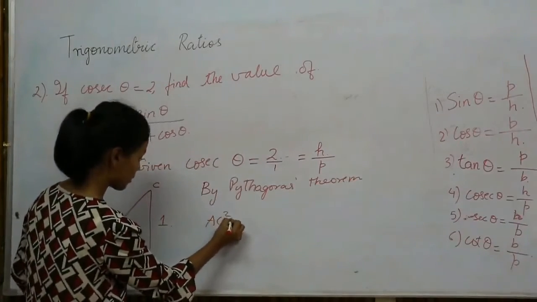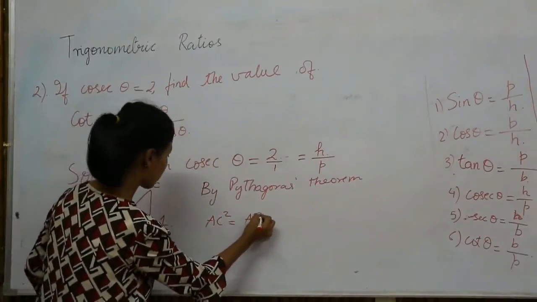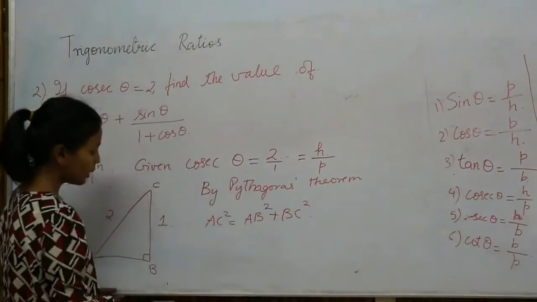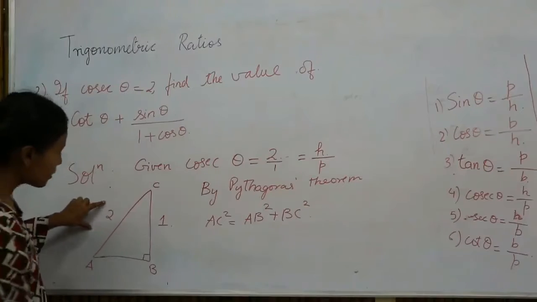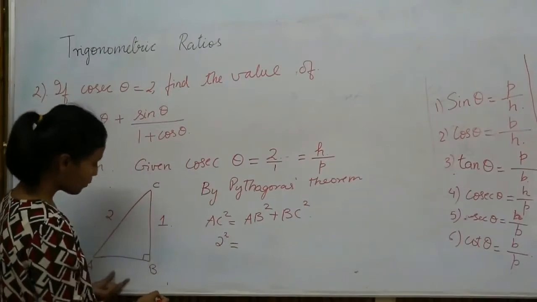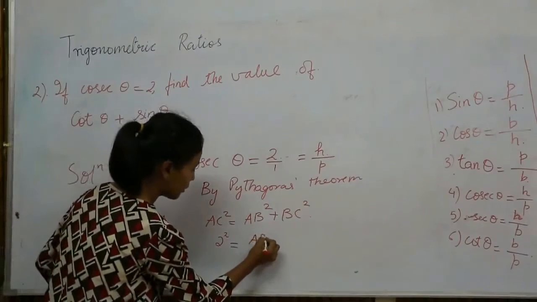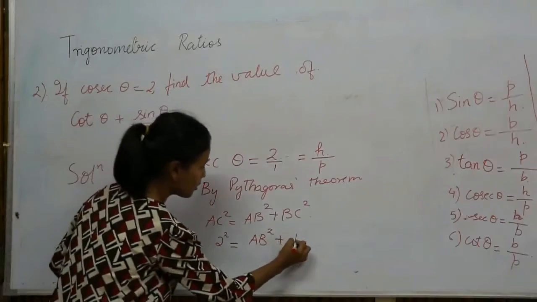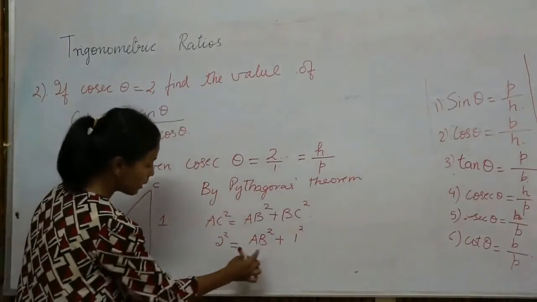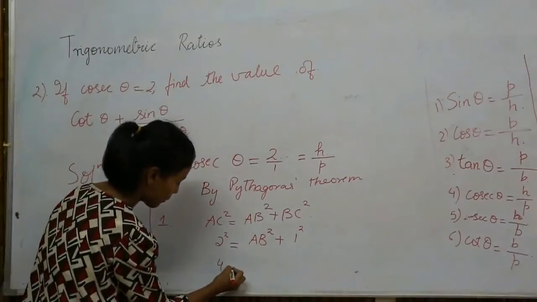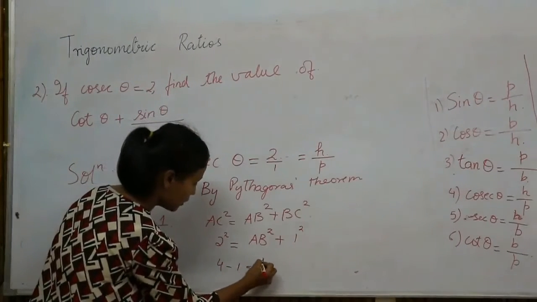By Pythagoras theorem, AC square is equal to AB square plus BC square. Now AC is 2, so 2 square is equal to AB square plus BC square. BC square is 1 square. Now 2 square is 4, and you bring this 1 to the other side, you will get 4 minus 1 is equal to AB square.